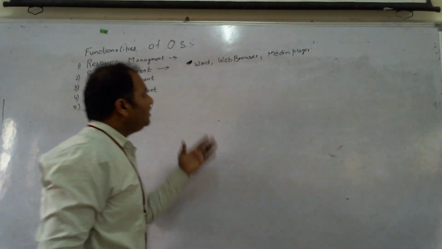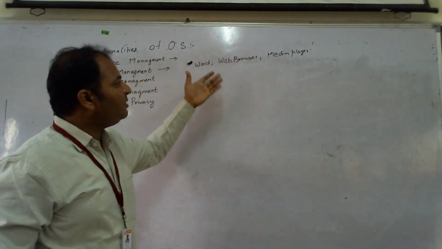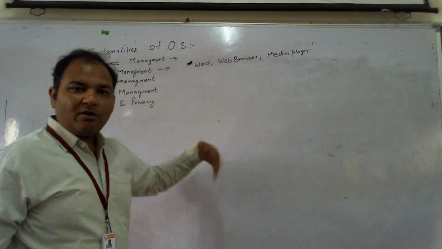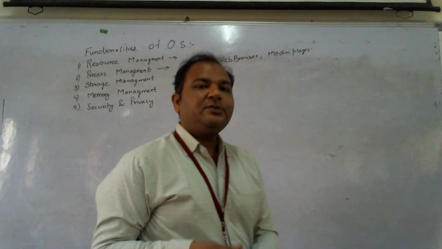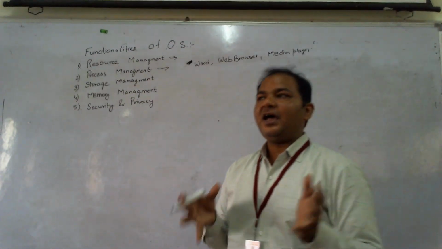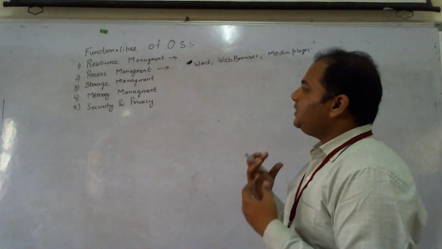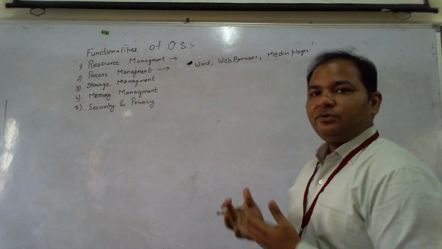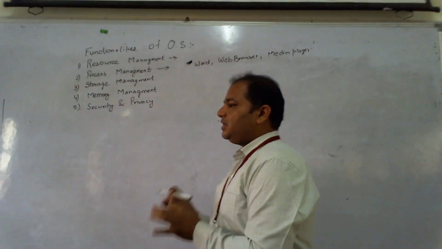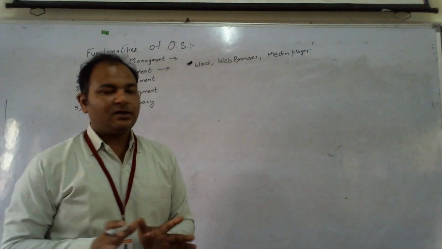Okay, so we are using multiple programs in an operating system. Which task will have to be performed, and which process will have to be executed in an efficient way, is the responsibility of the operating system.